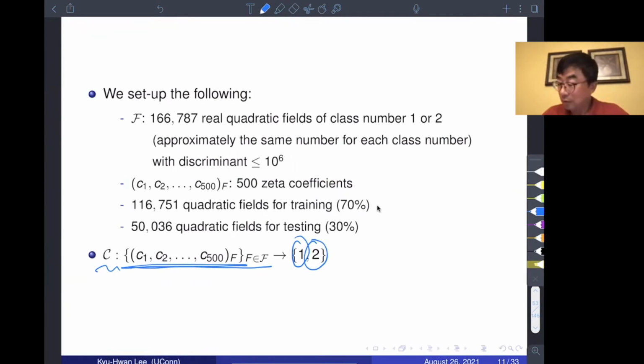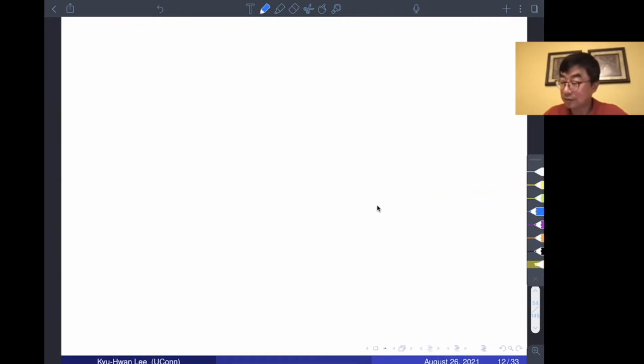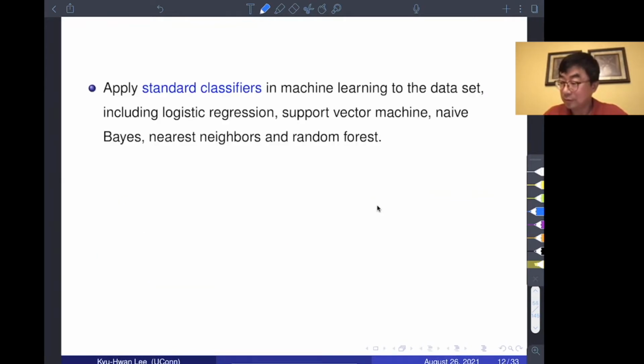Okay, and what happens if we apply machine learning techniques? So we apply standard classifiers in machine learning to the data set, including logistic regression, support vector machine, naive Bayes, nearest neighbors, and random forest.